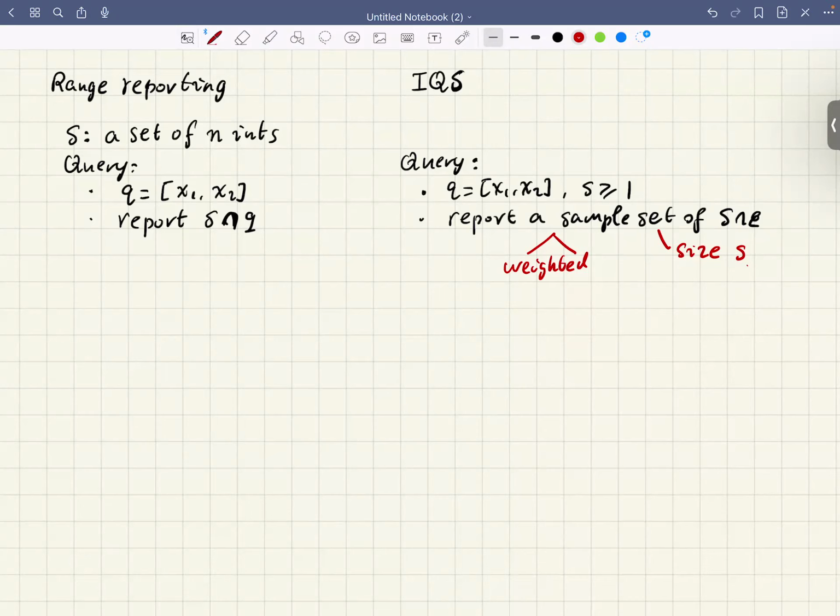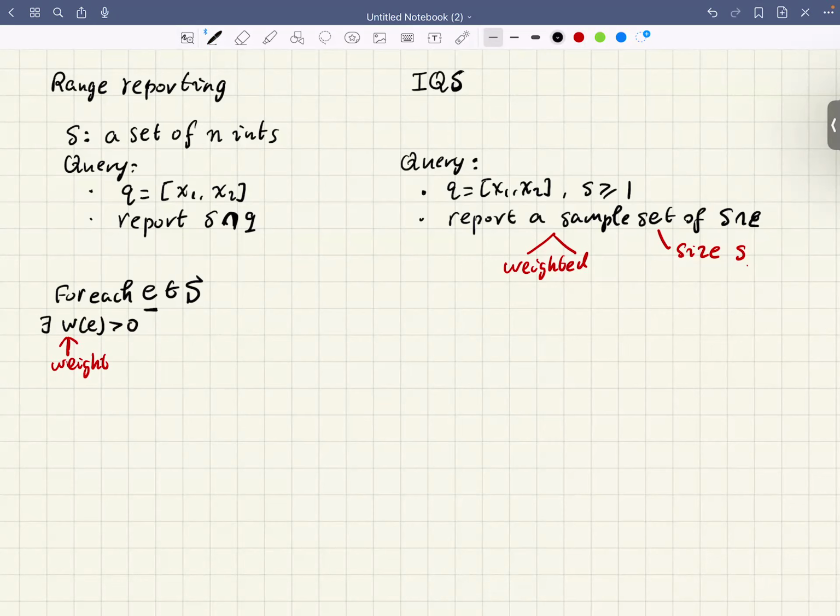For every element y in the set S, there is a weight, w(y), and this weight is positive. We will not be concerned with how you compute this weight, except that somebody has already computed it. Once the weight has been decided, you can define what it means by a weighted sample.